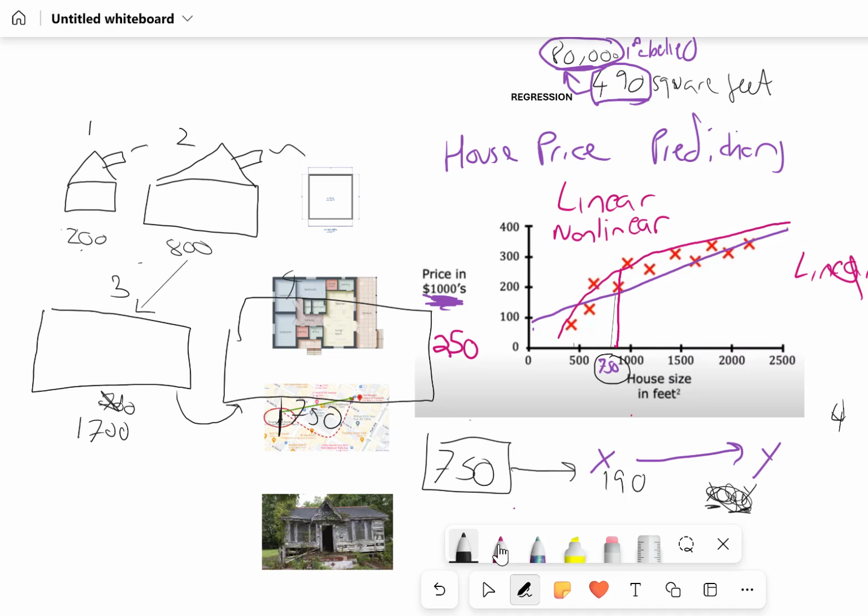Now let's imagine that we had an intermediary, another house here which is slightly bigger than 1 and just a little bit less than 2. So let's say that this is going to be for 400.